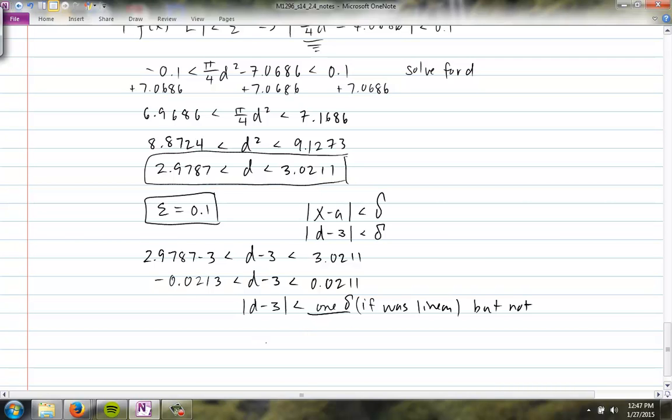So what we do here, thinking back from example 1, is the delta that's going to work is going to be the absolute value. So for the nonlinear case, you take the absolute value of our candidates and the minimum of those.